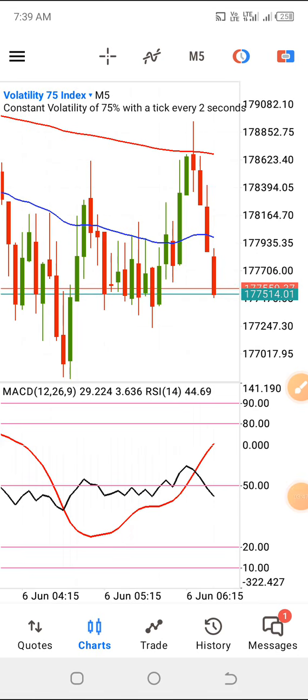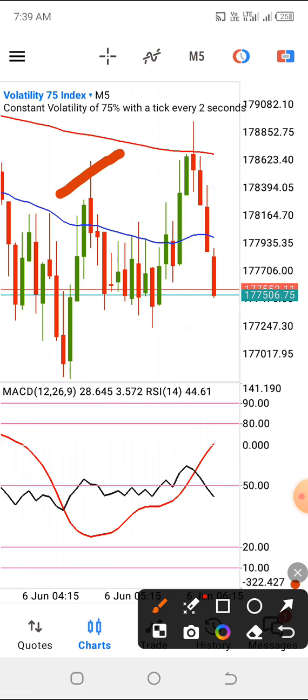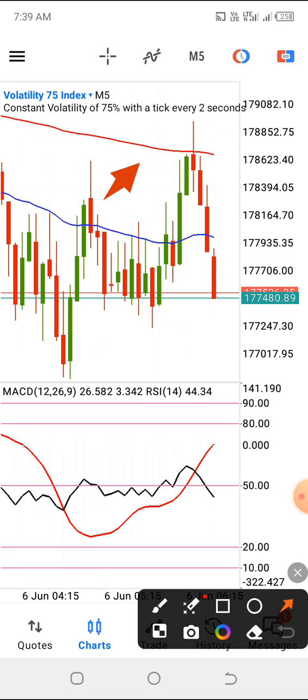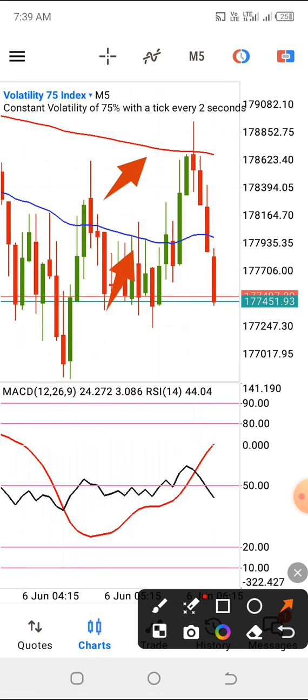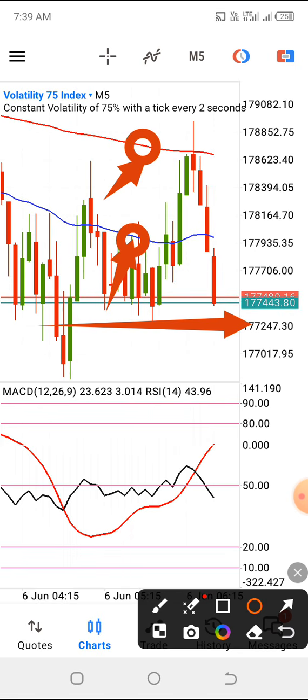This strategy you are seeing is very simple, especially when you understand the power of this strategy that I'm giving out. Now look at this line, look at this one too, and now look at this place. Can you see it? Now here, right here, and right here, these are the two lines.